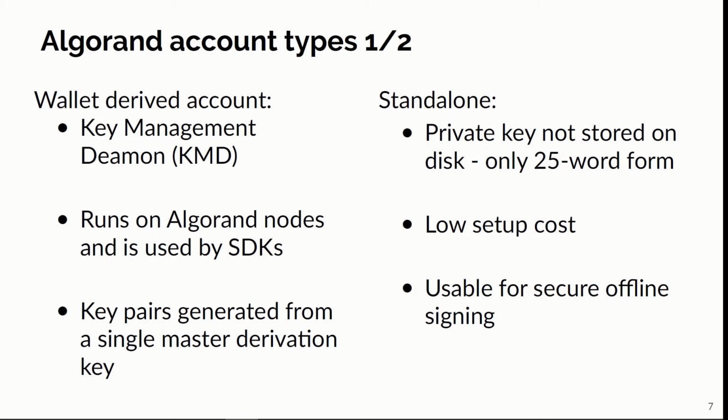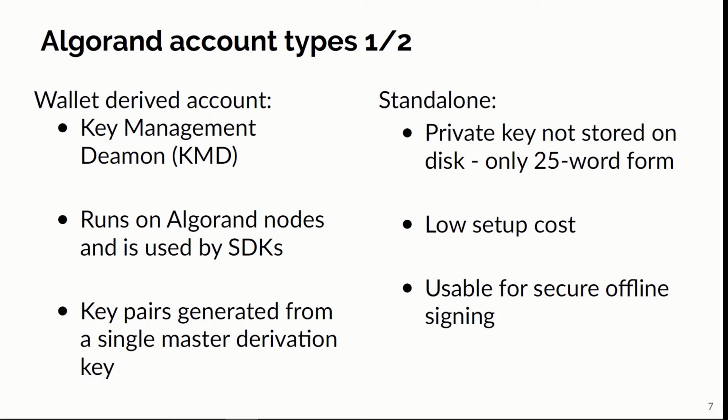For the wallet-derived account, in case we want to have multiple accounts, we derive only a single master key, and from this master key we later derive different private keys. Important to mention, it doesn't mean that the successive private keys being generated are insecure, because we assume that no one can brute force and find, in a reasonable time frame, the key which was derived from the original master key.